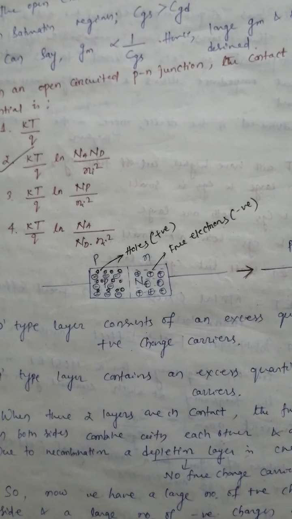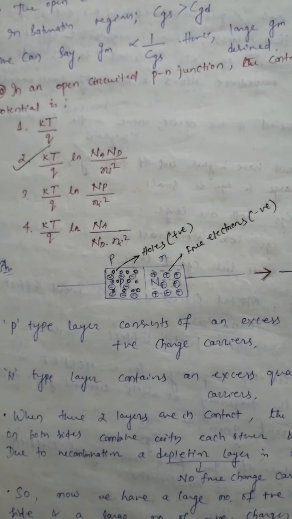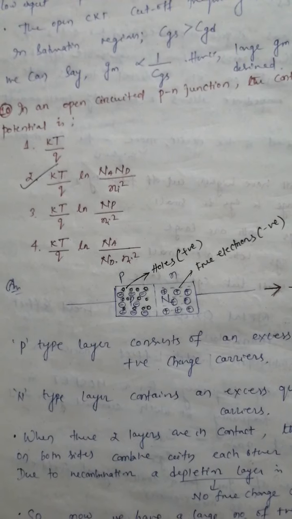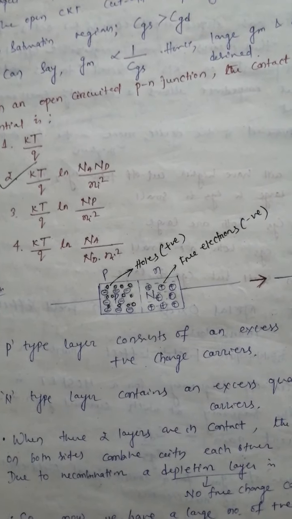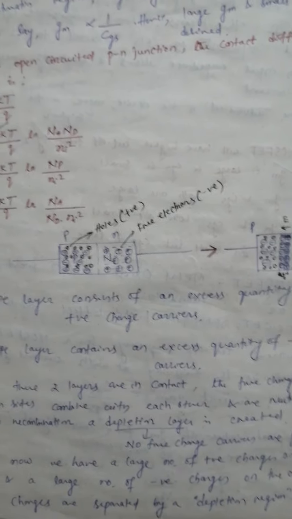Option 4, KT by Q ln NA divided by ND Ni square. The answer will be option 2, that is KT by Q ln NA ND divided by Ni square, as you see in the option. But now I will analyze in a more detailed way.